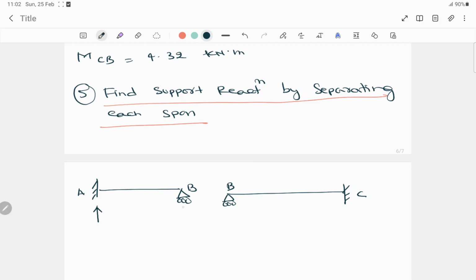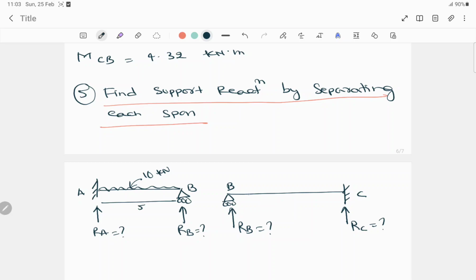Reaction means vertical reaction, RA, RB, and for this span also RB and RC. Okay, so we have to find those values here. Now see, here from A to B, UDL load was acting and it was around 10 kilonewton and the span was 5, and here 1 point load is acting, that is 30, and from B to this point is 1 meter, and from this point to C is 2 meter. Here it was 5 meter.